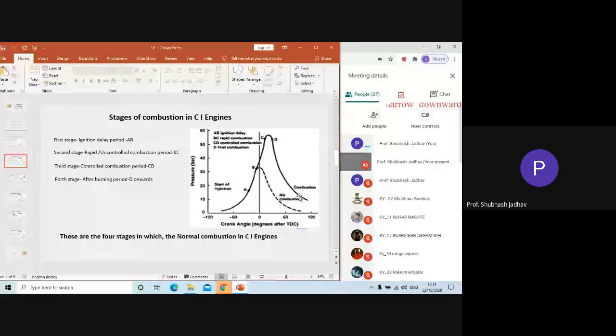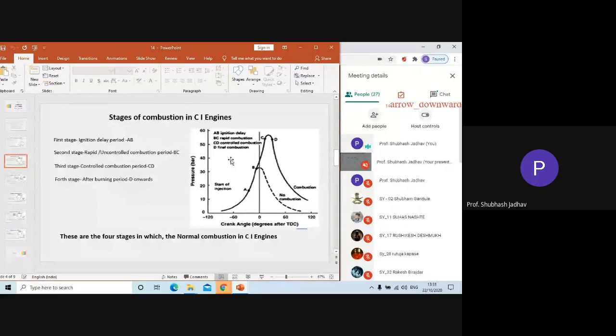So this is a list of the different stages in SI engine combustion: ignition lag, flame propagation stage, and after burning.